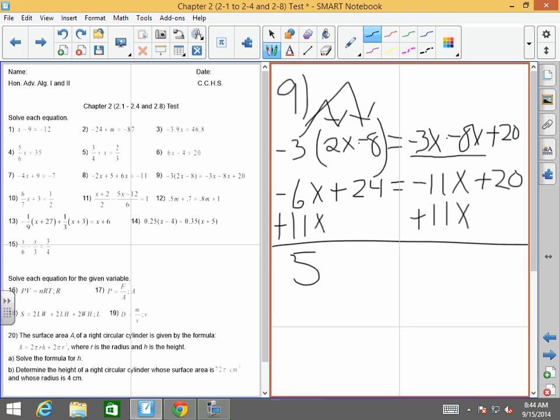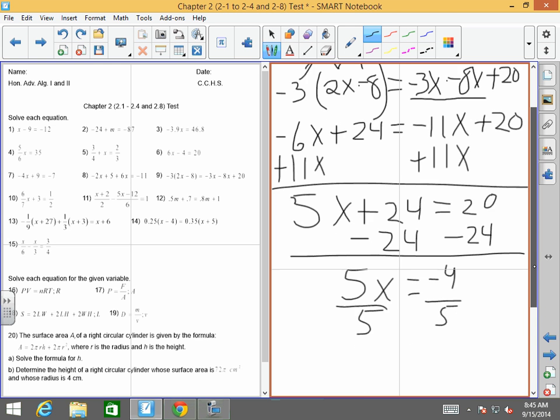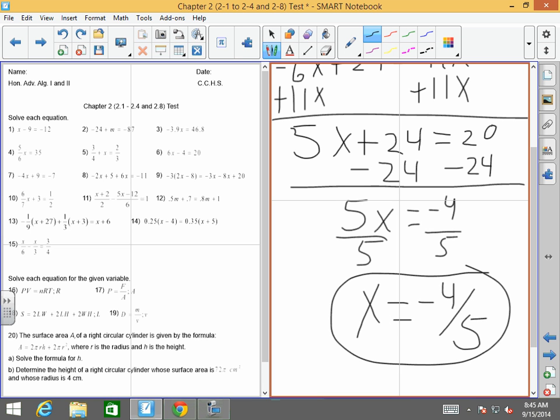So this is 5x plus 24 equals 20. Subtract 24 from both sides. And I've got 5x equals negative 4. Divided by 5, divided by 5. So x equals negative 4/5. Okay?